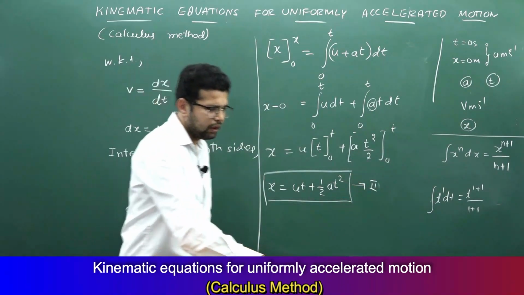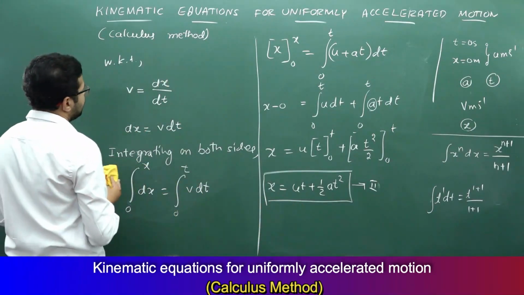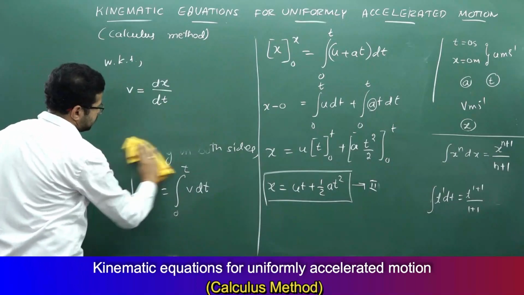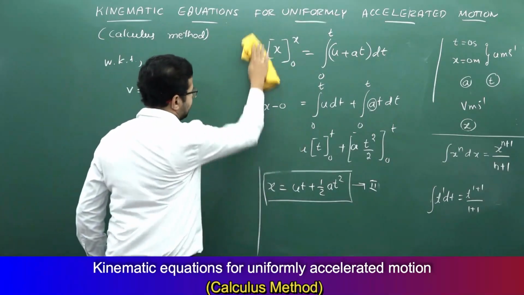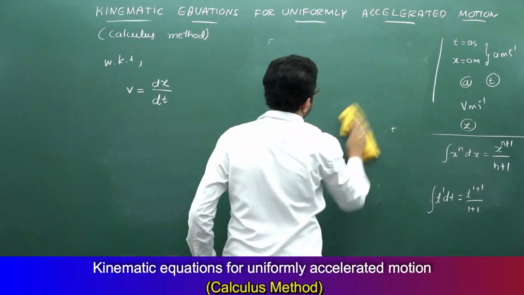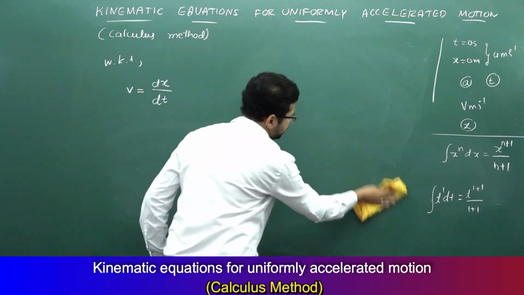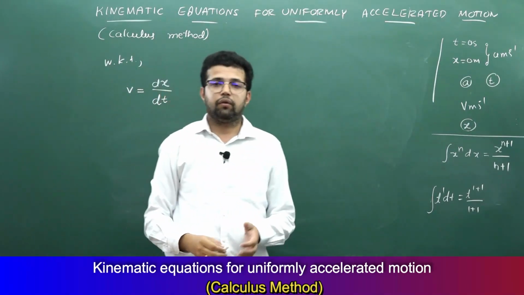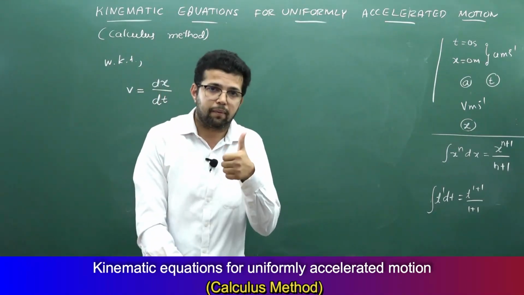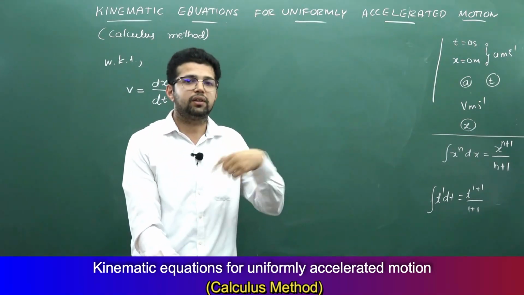Now, we will derive the third equation of motion, that is v square equal to u square plus 2ax, using the calculus method. We will use the same technique. To derive the first equation, we wanted an equation for v, so I chose an equation wherein there is dv, so that integration of dv is v.